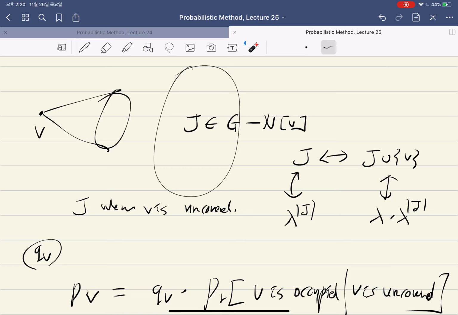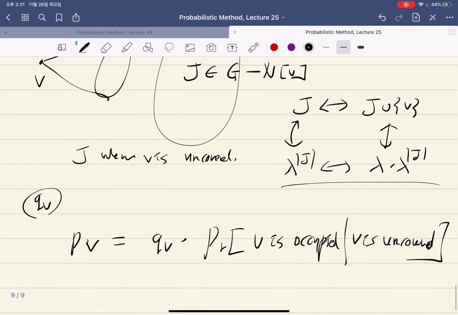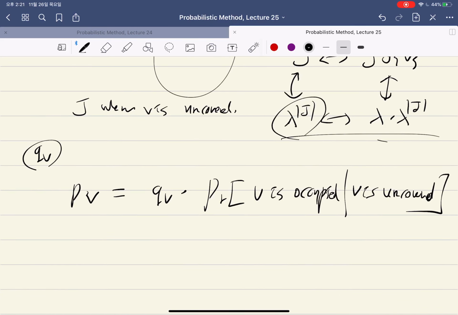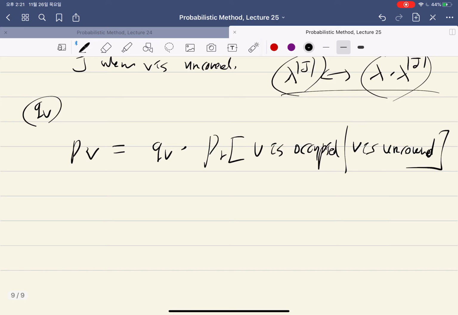If B is not covered, so none of these are chosen as an independent set, and B is also not chosen, then that's exactly an independent set here. And the other type is that the vertices here are chosen, and B is chosen, but none of them are chosen here. So they can be paired up so that this corresponds to this term and this corresponds to this term.